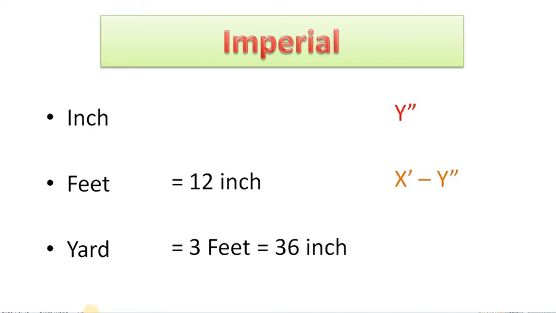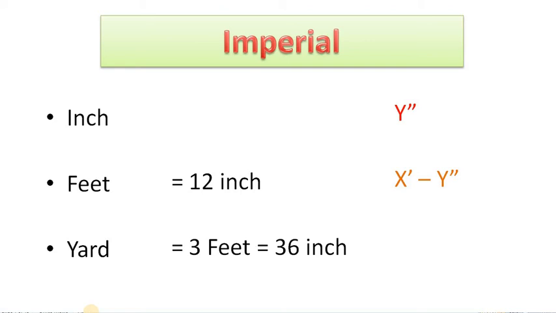Now let us move to the next type of system. This type of system, which was used by the British, is not presently used widely. Let us see those. In the SI system, millimeter is the least unit. However, there are still smaller units like nanometer, etc. Here this is the imperial system of units.